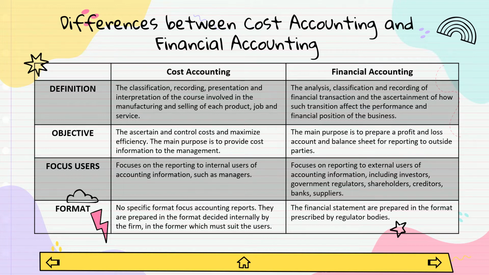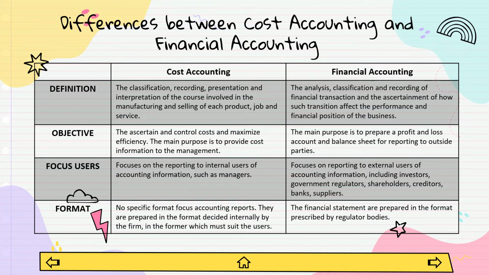The third one is focus user. Cost accounting focuses on reporting to internal users of accounting information such as managers. Financial accounting focuses on reporting to external users of accounting information including investors, government regulators, shareholders, creditors, banks, and suppliers.